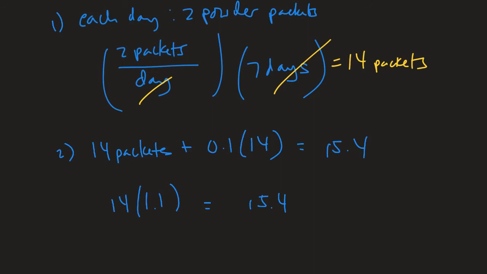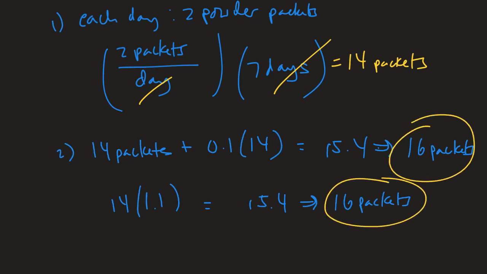Remember, you can't give partial powder packets, so round up to make 16 packets. Always pay attention to your units and whether you need to round up or down for packets, tablets, capsules, suppositories, or just keep it as decimals.